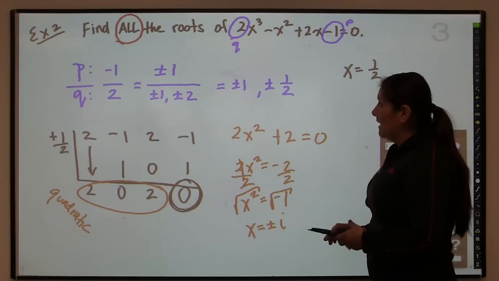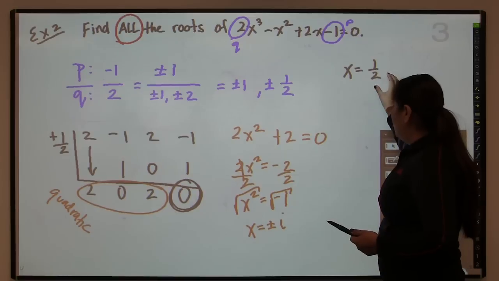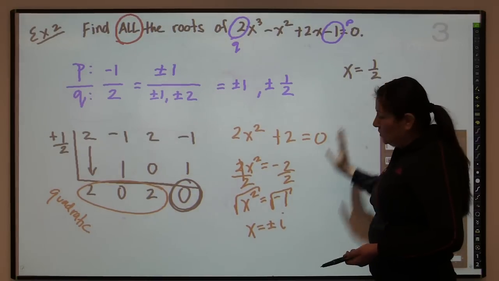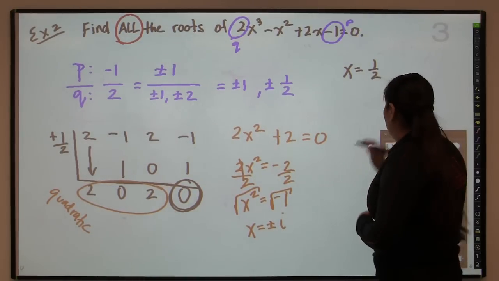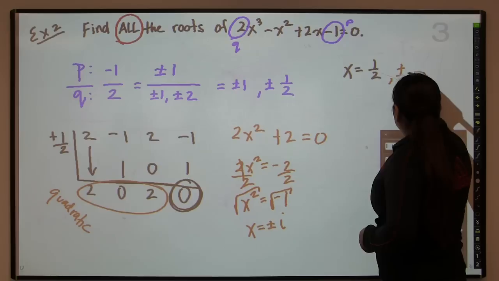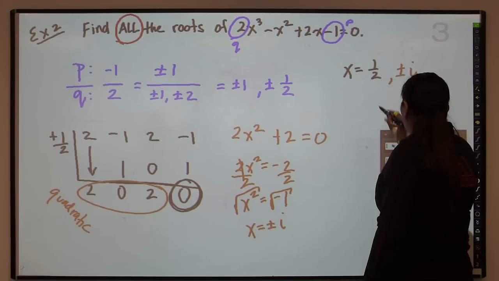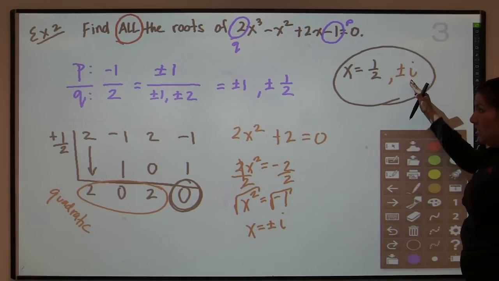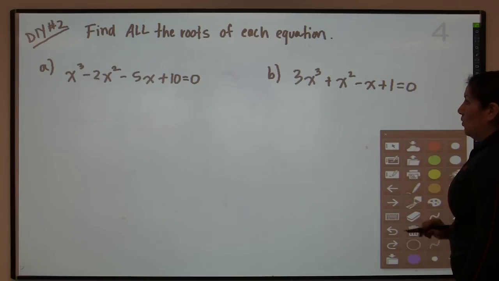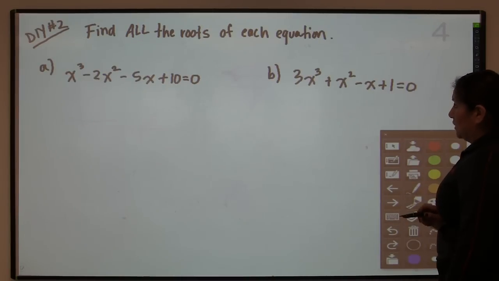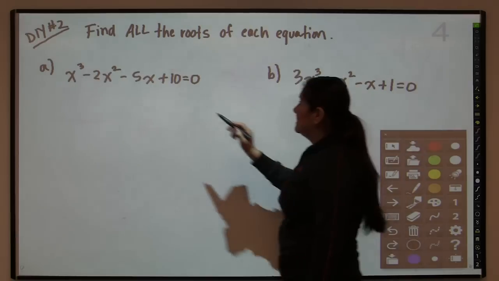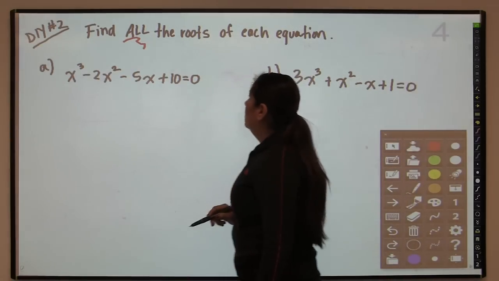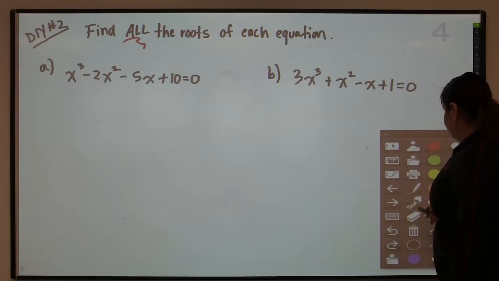So you can see that the only rational root was 1/2. The imaginary roots are positive i and negative i. And now I have found all of the roots, the rational and the imaginary. So now I'd like for you to try one on your own, or 2 on your own actually. And again, remember that in this case it's asking for all the roots of each equation.